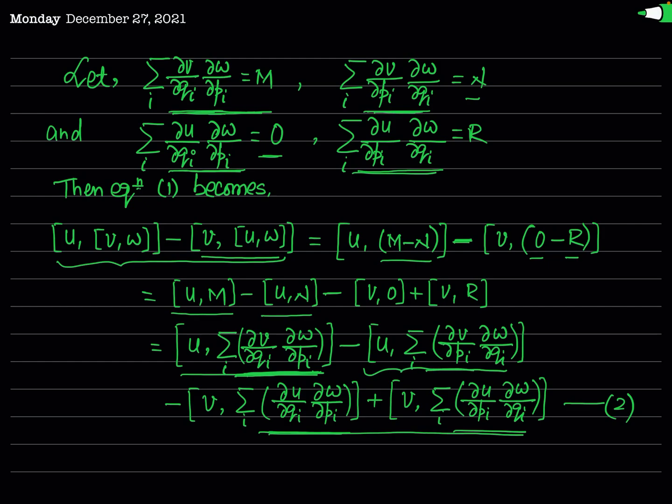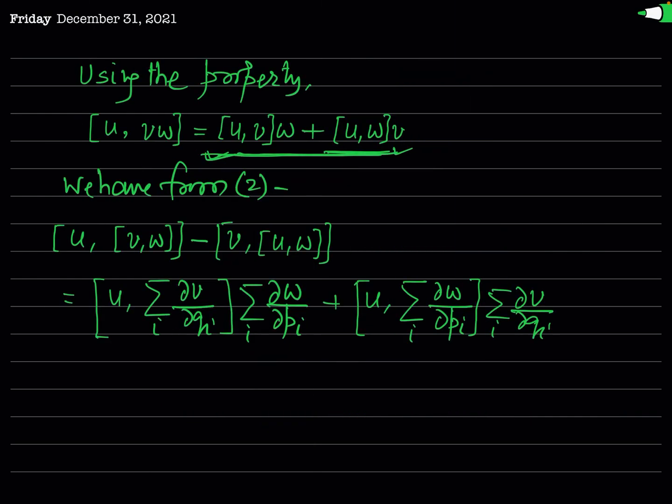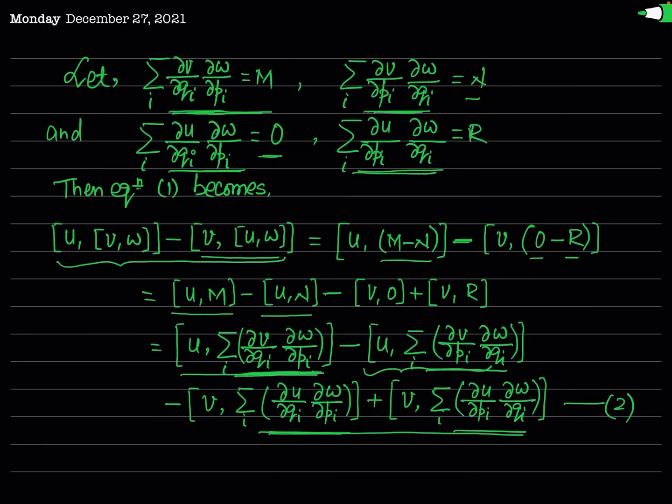Now for this second term, since there is a minus sign before the second term, both of the terms for this will be negative. So this can be written as minus Poisson bracket of U and summation over i del V by del Pi. You can see I am writing the expression for this which I am just underlining here.